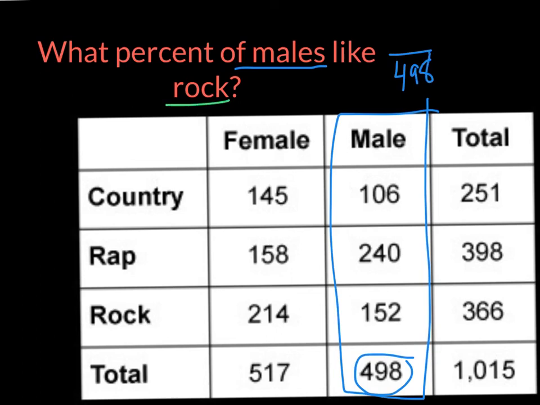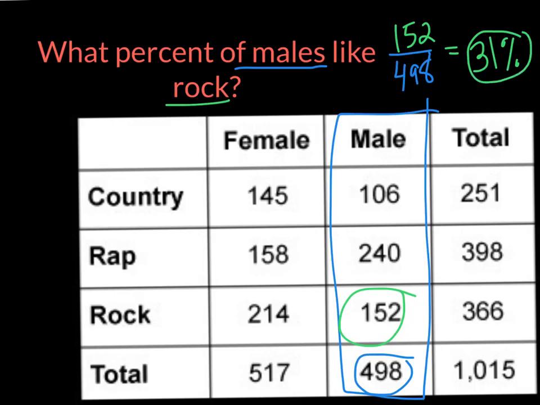And of those males, how many like rock? So 152 like rock, so that's my numerator. And then we take our calculator and we do 152 divided by 498, which gives us 0.305. So I need to round that up to 31%. So 31% of males like rock, which would not be the greatest percent.